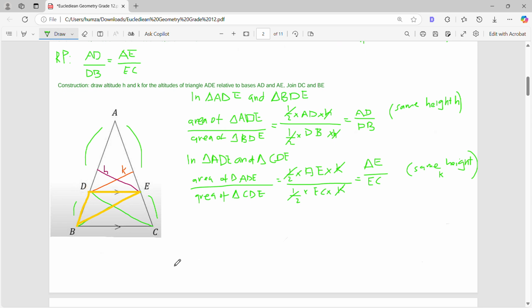Now we can say that the area of yellow triangle BDE is equal to the area of green triangle CDE, because they are between the same parallel lines.